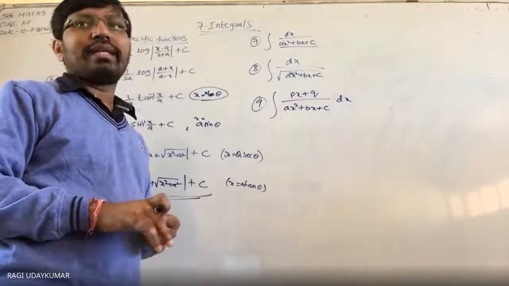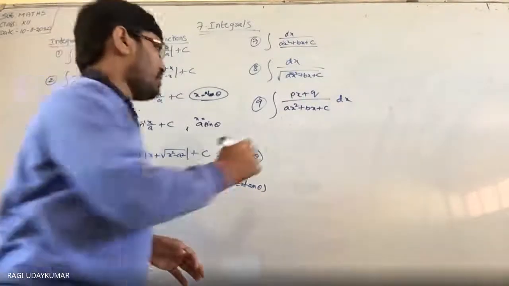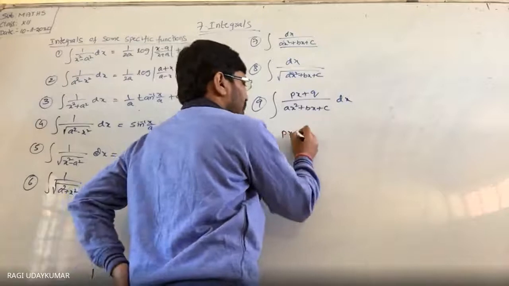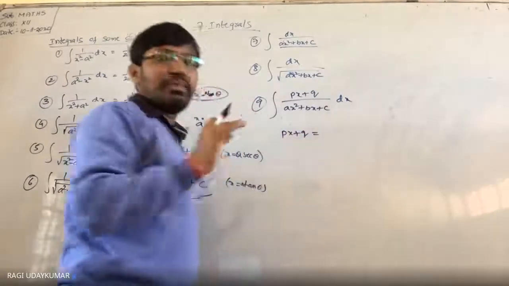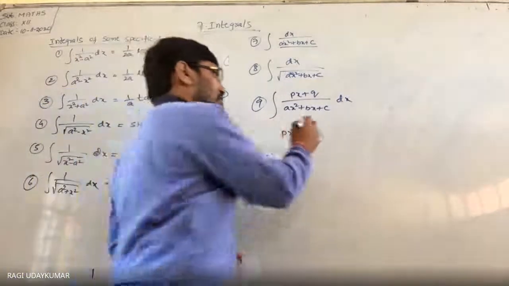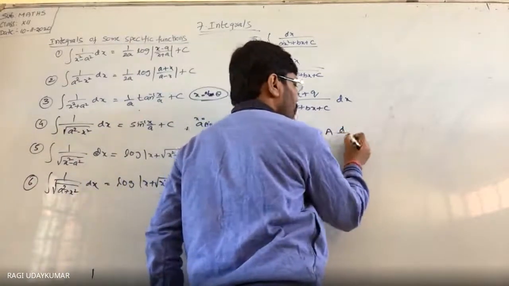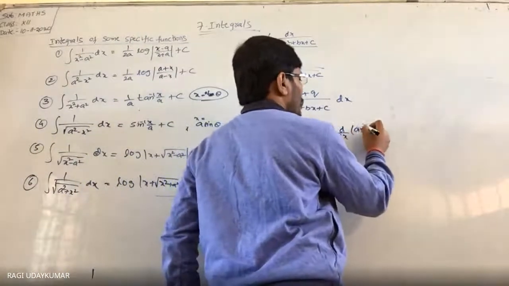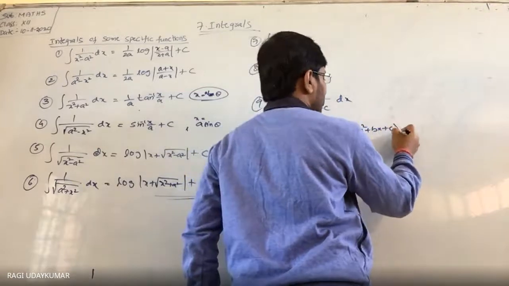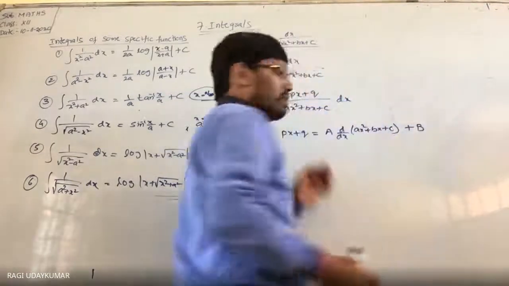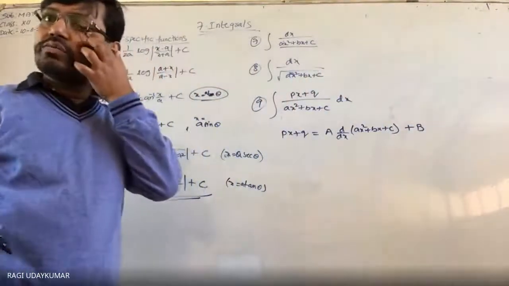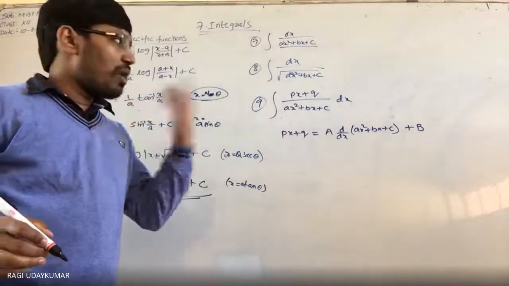You have to write px plus q as A times d by dx of ax square plus bx plus c, plus B. So now what do you get here?